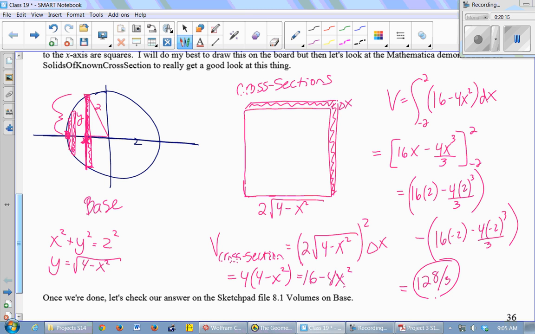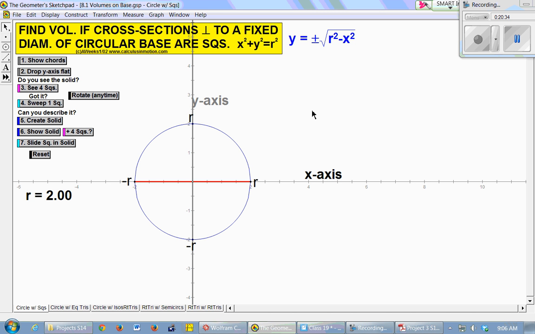Okay, so I think that we should take a minute to use some technology to visualize this much better than I have drawn it. All right, so here is our base, circular base. We're going from -2 to 2.